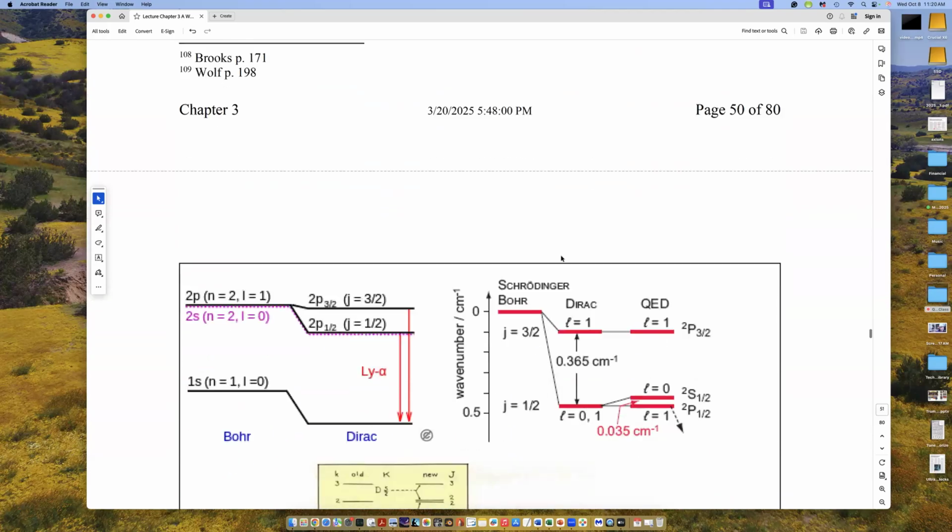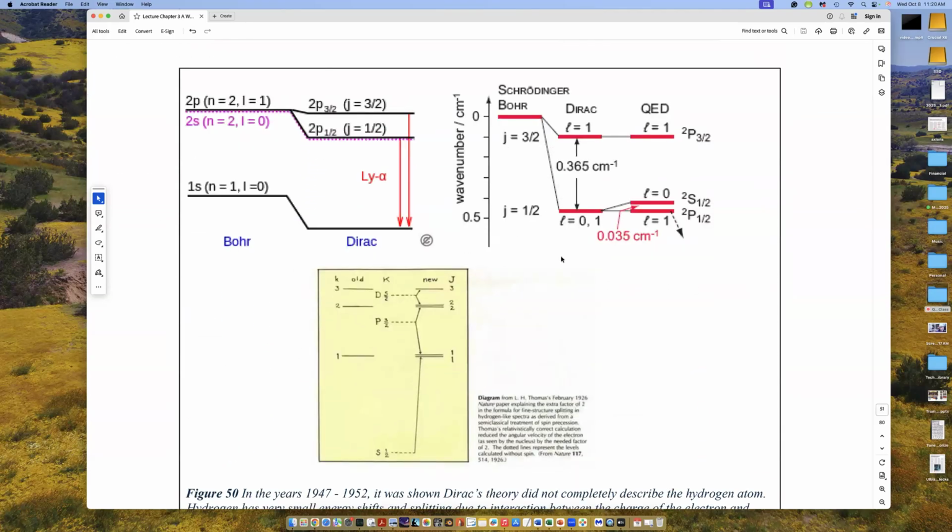Very exquisitely precise measurements showed subtle little differences in the energy levels in all the atoms. Bohr, for example, predicted the energy levels in hydrogen. When Dirac's theory of virtual particles was included, we find that this energy level predicted by Bohr actually is two energy levels very close together.